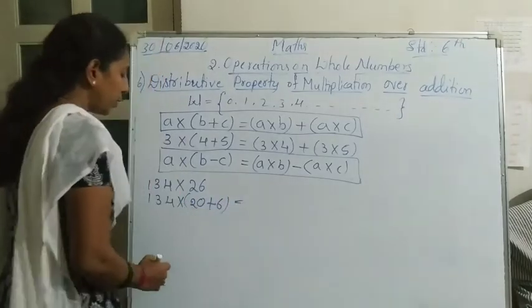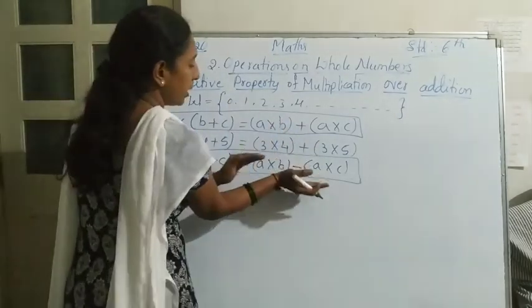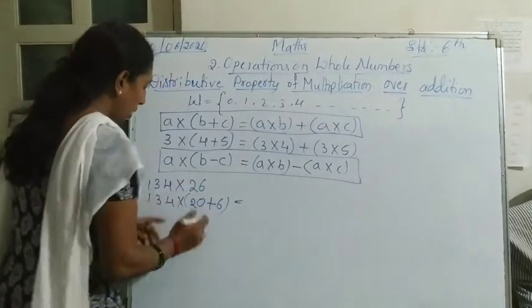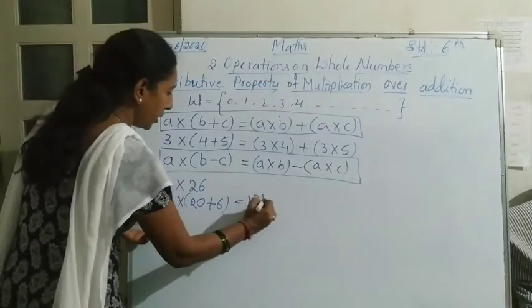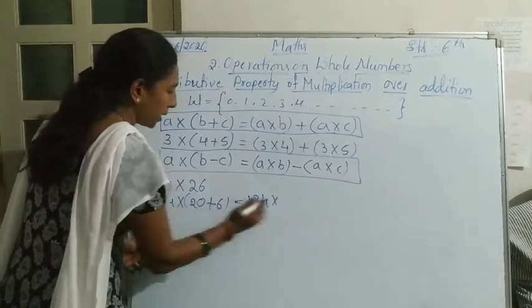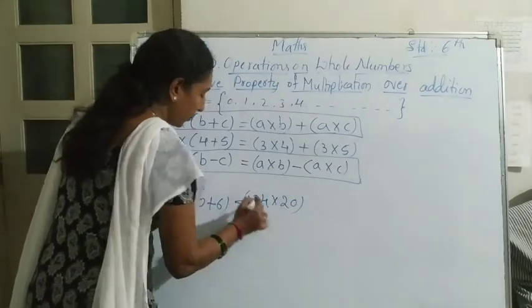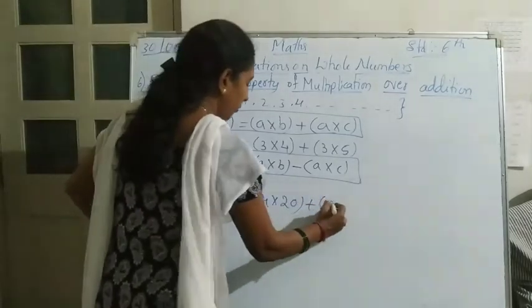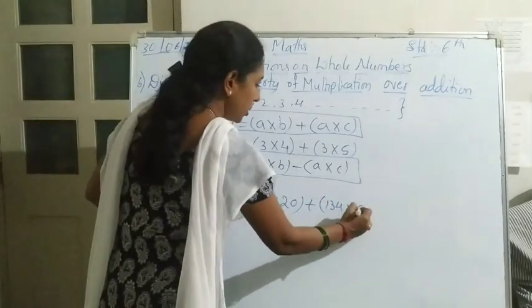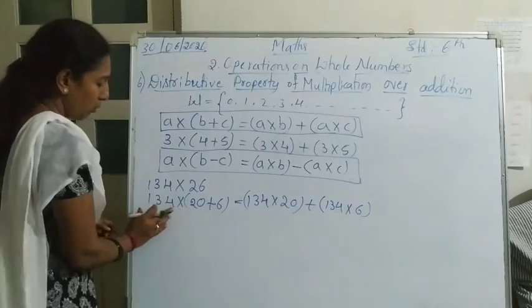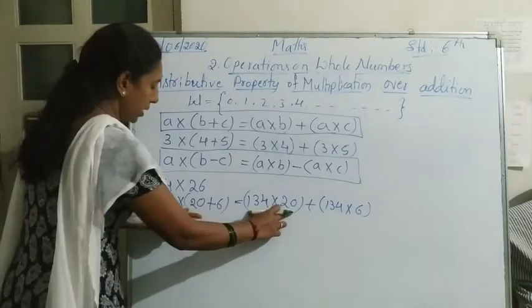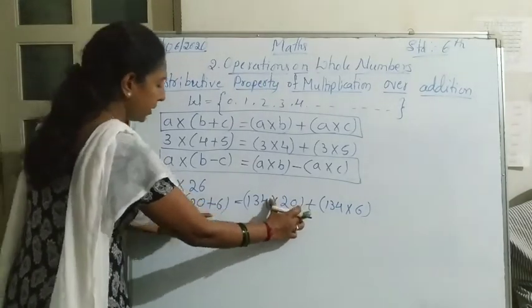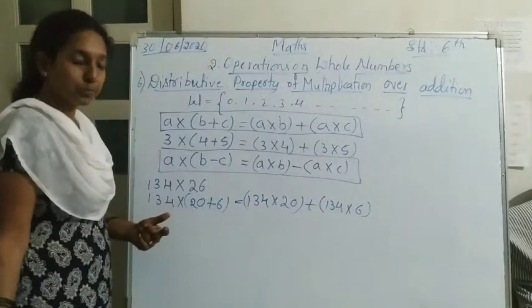So next, what I have to do? I will write like this now. 134 into the first number, that is 20. What is the sign? Plus. Again 134 into 6. So 134 into 20 plus 134 into 6.